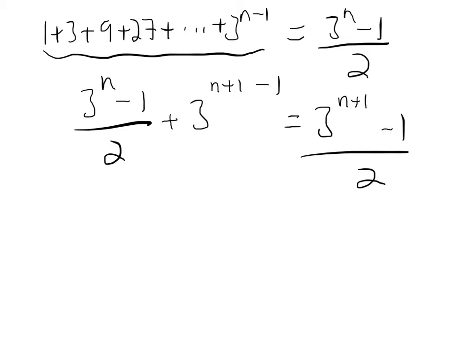Okay, so on this left hand side, let's see what that simplifies to. Well, let's see. We know that 3 to the n minus 1 over 2. Now when I multiply, well, first off, the minus 1 here, the plus 1, plus 1 minus 1 cancels off, so that leaves me 3 to the n.